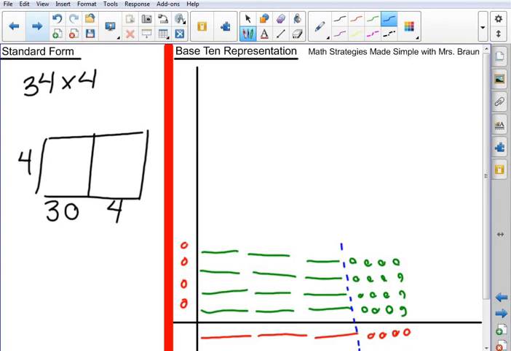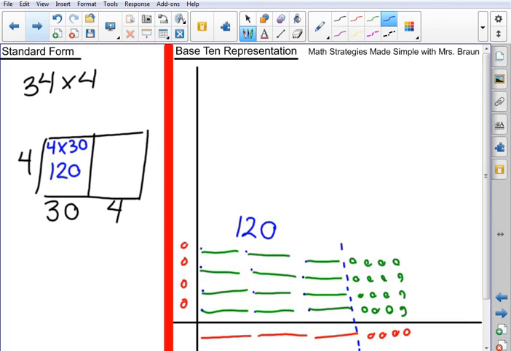So starting with my 10s, I've got 3 columns, which is 40 each because I've multiplied it by 4. And so 4 times 30 is going to get me 120, or you can count these: 10, 20, 30, 40, 50, 60, 70, 80, 90, 100, 110, 120. But 4 times 30 is 120.